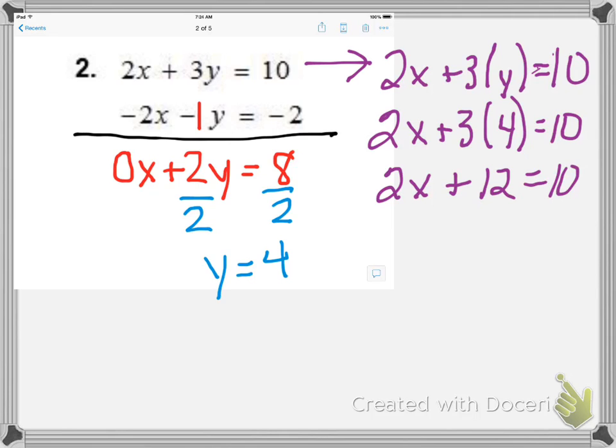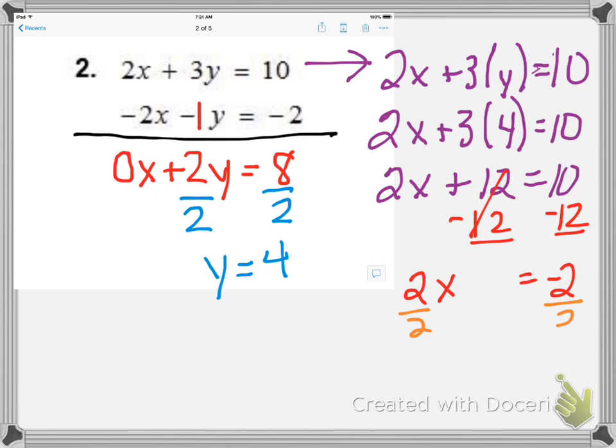I'm going to subtract 12 from both sides. That gives me 0. So now we have 2x equals negative 2. And again, be very careful in your integer skills. If you're not sure, use a calculator. So what times 2 gives you negative 2? x is negative 1. So we're looking at a final answer of negative 1, 4 for the intersection point.